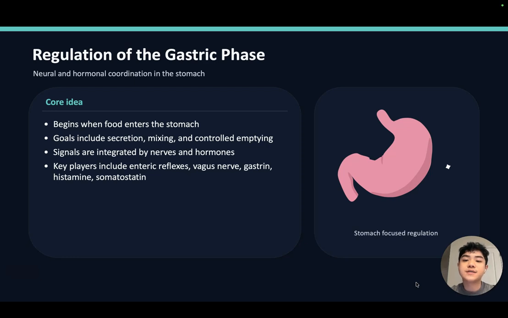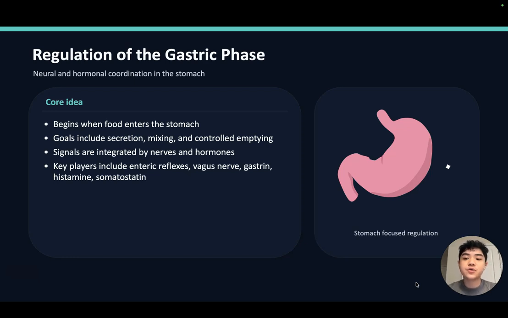The gastric phase begins when food enters the stomach. The stomach is not just a bag that stores food; it's also a control center that adjusts secretion and movement based on what is inside. The big goals are simple.